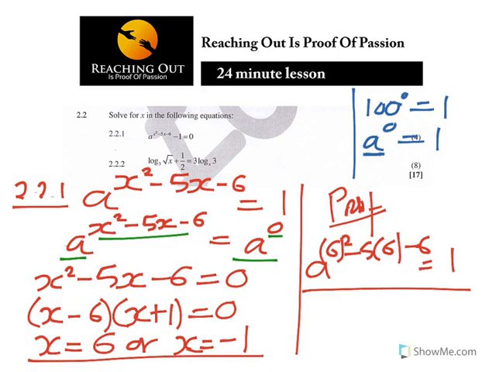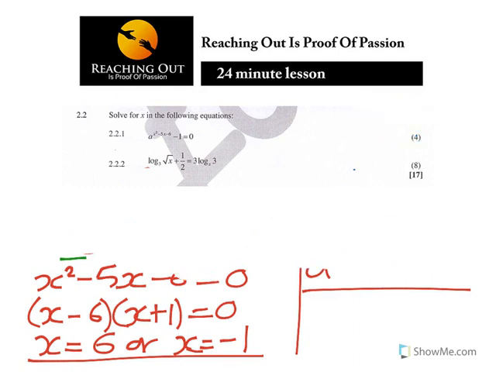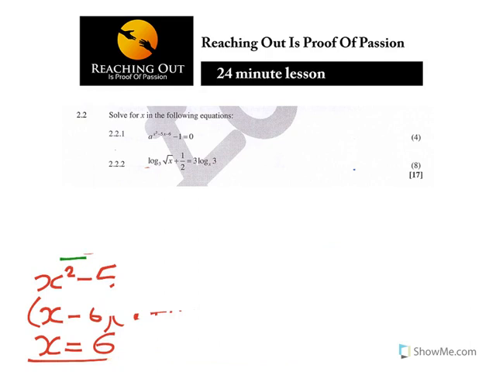Now one of the questions that had more marks in this particular paper was this log question 2.2, as you can see there. Let me just erase everything and start from this point.